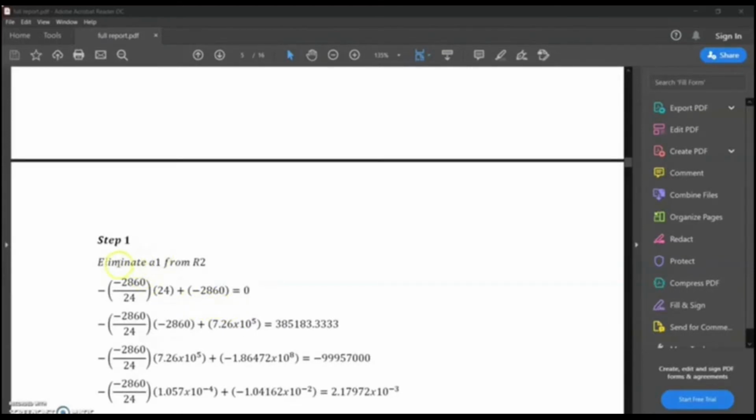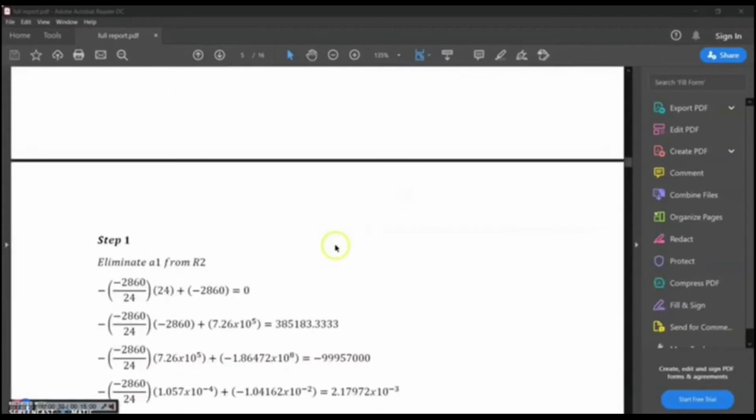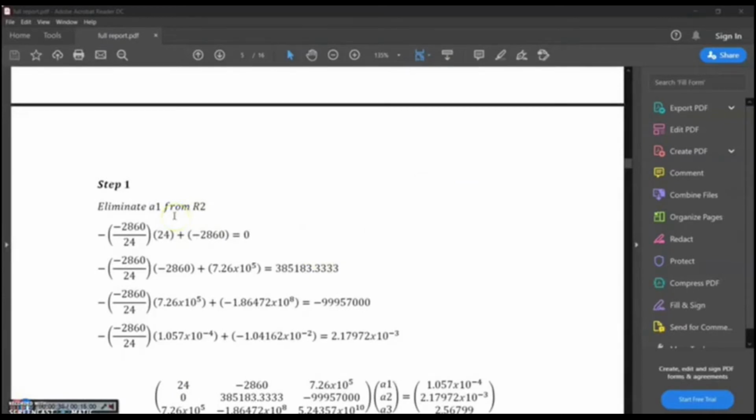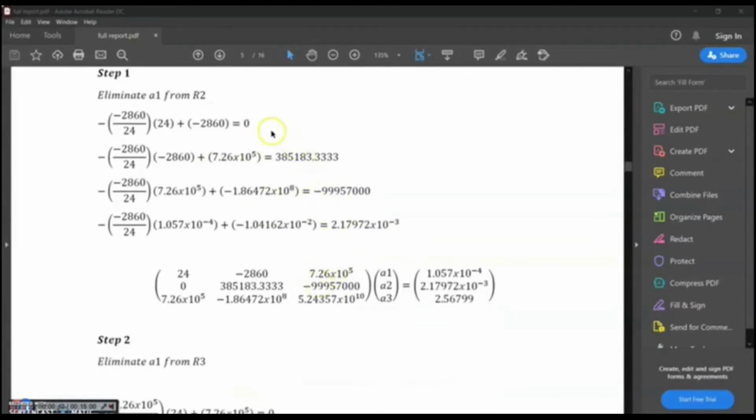For step 1, we need to eliminate A1 from row 2. So we need to substitute into the formula, which is negative B over A times A plus B, and we will get the answer. The answer we need to place into row 2, which gives a new equation.